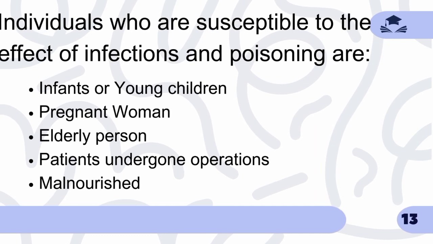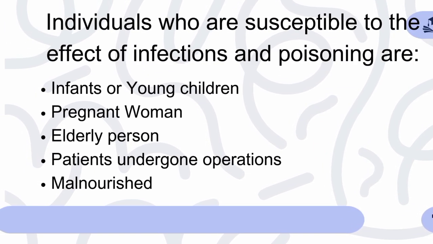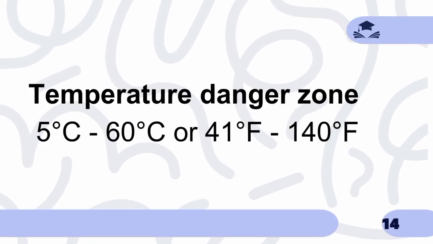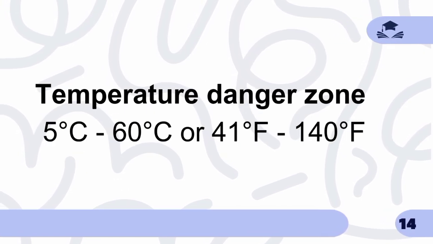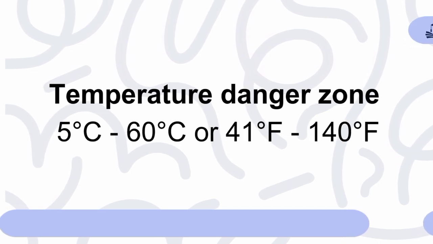These are individuals who are susceptible to the effects of infections and poisonings. This is the temperature danger zone: 5 degrees Celsius to 60 degrees Celsius, or 41 degrees Fahrenheit to 140 degrees Fahrenheit.